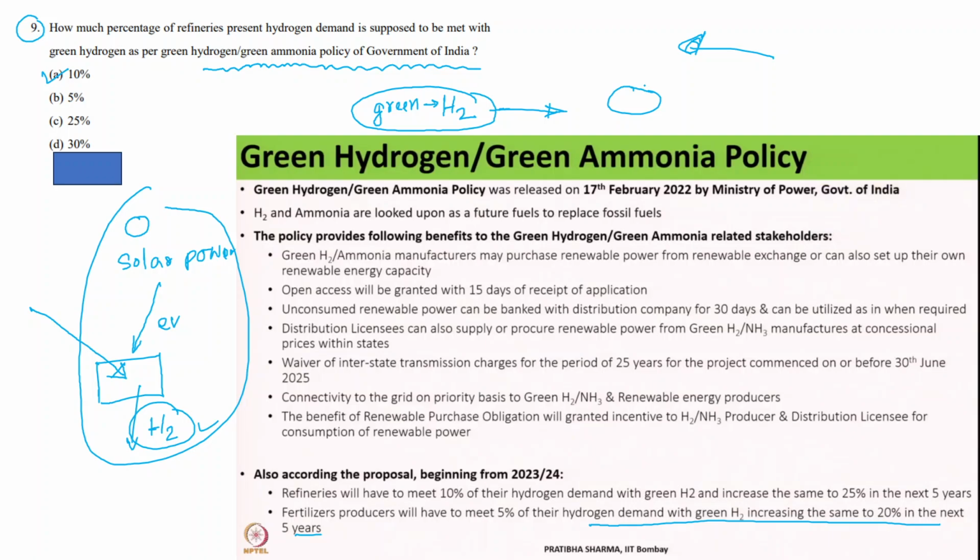Solar energy, wind energy, hydro, geothermal, this sort of renewable energy is used in producing green hydrogen. Just Google it and see what green hydrogen means. I have studied it, so you can understand the exact definition.